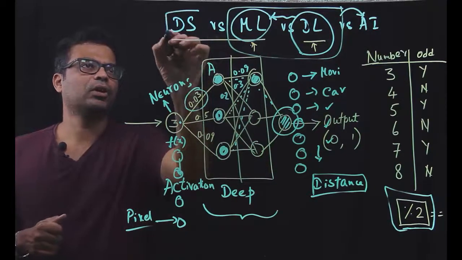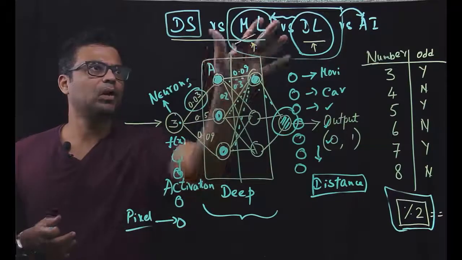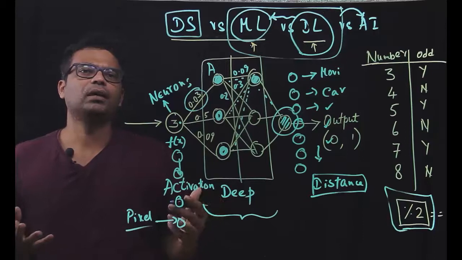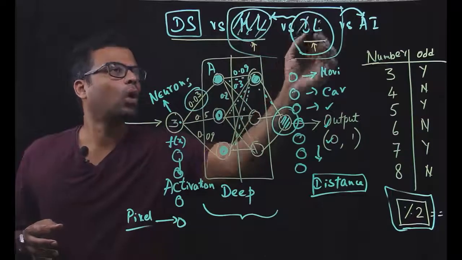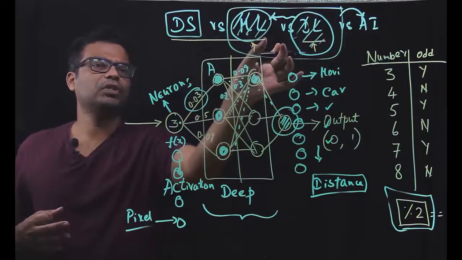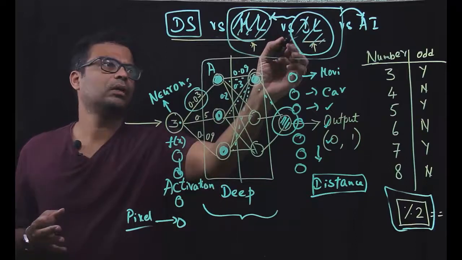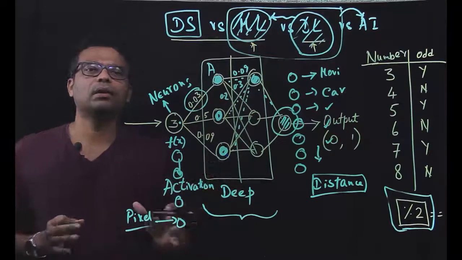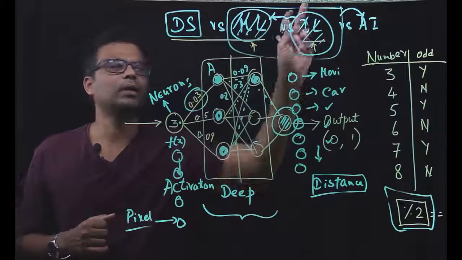The moment you try to explain the past using analysis, that's still data science but not machine learning. The moment you try to predict the future using data, it's still data science, but it can also be machine learning or deep learning, because the difference between machine learning and deep learning is just in the technique. But otherwise, deep learning is just part of ML. I hope this makes things clear in terms of the differences between data science, machine learning, deep learning, and AI.